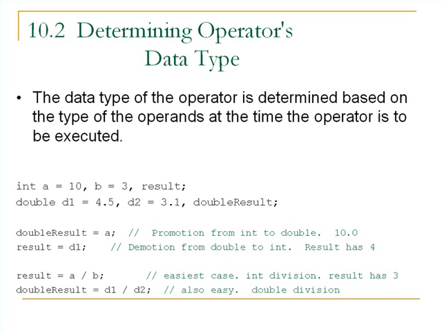So this statement has a demotion, and some data is lost. The 0.5 is lost during the execution of that statement. So we have this concept of promotion and demotion. When we go from int to double, we have a promotion. And when we go from double to int, we have a demotion.